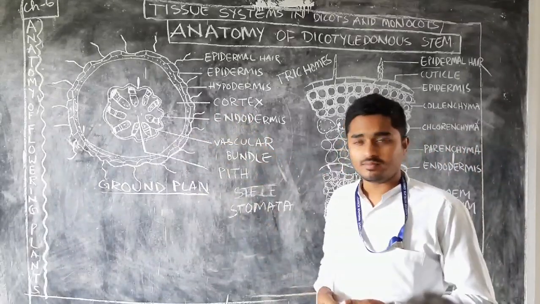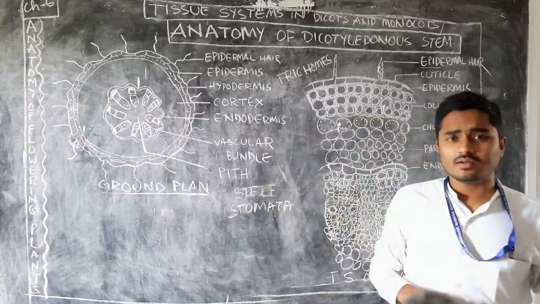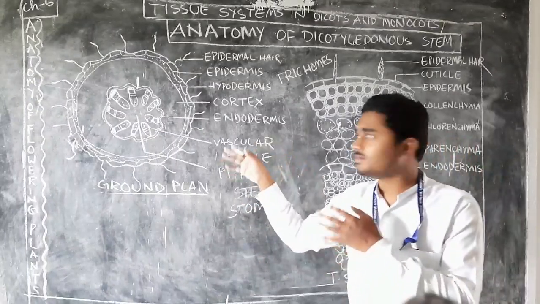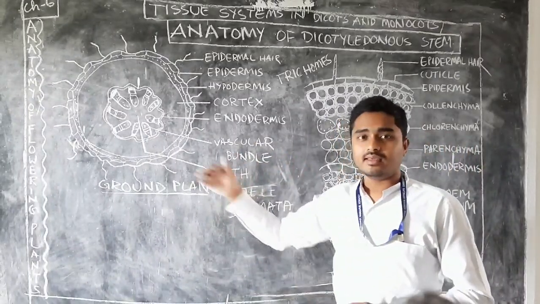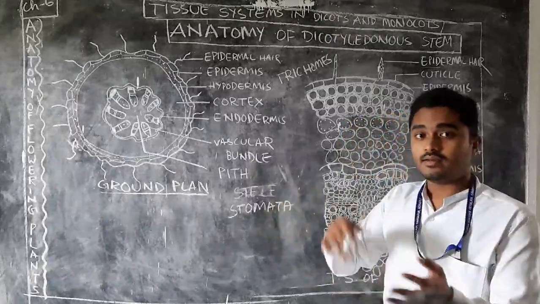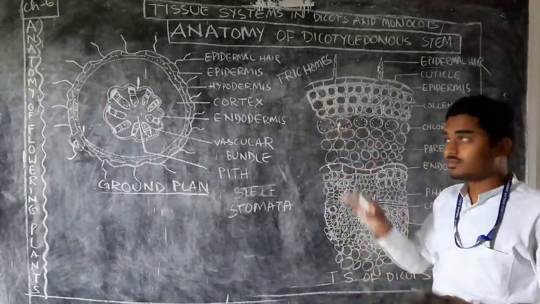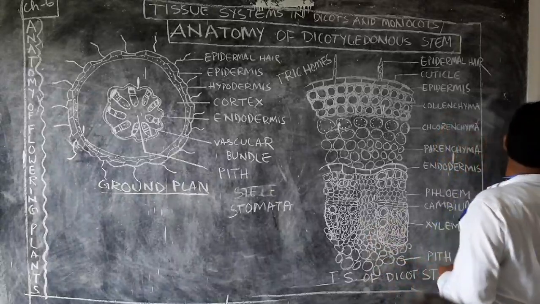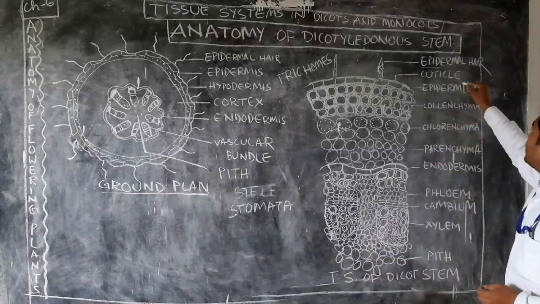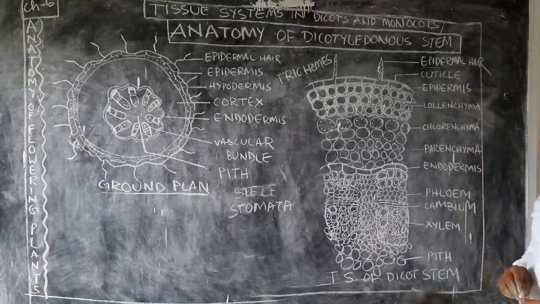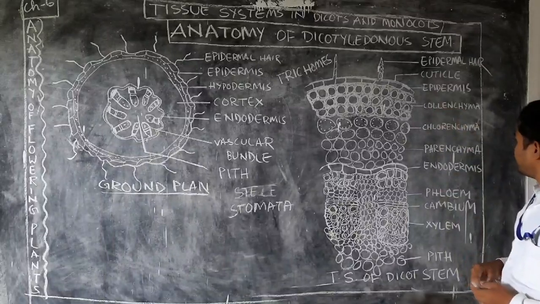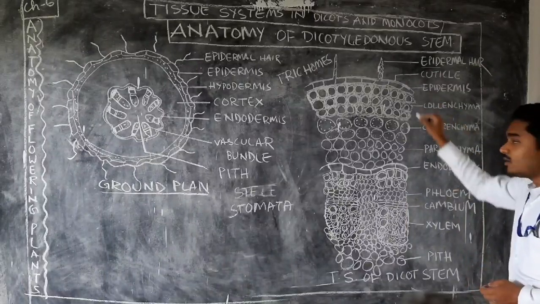In young stems, when the leaves are not well developed, the young stems bear stomata for gaseous exchange and for photosynthesis. So sometimes the epidermis bears stomata also. So the epidermis is the outermost layer, and beyond the epidermis we will see the cortex.